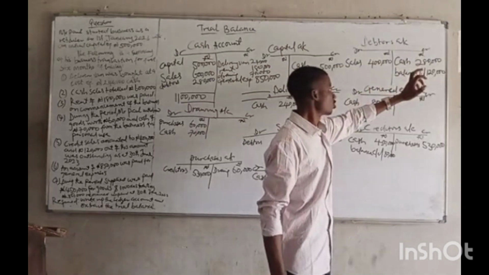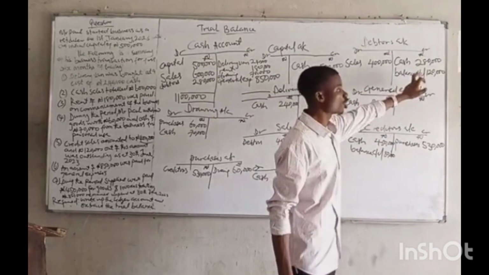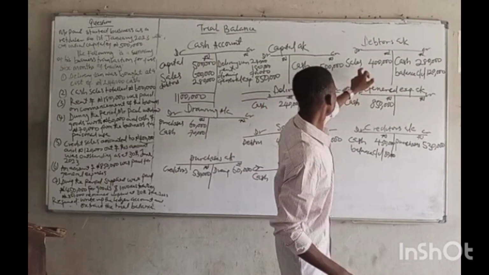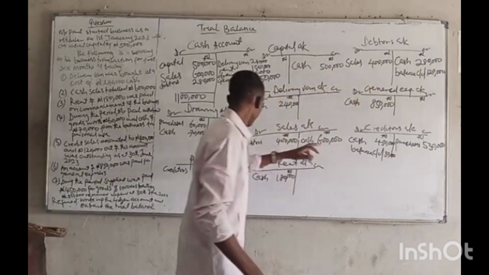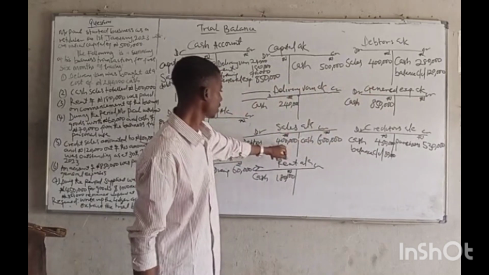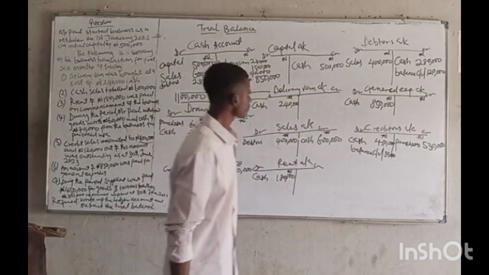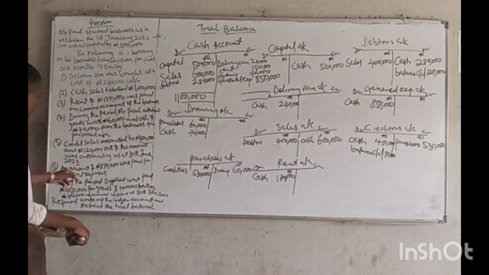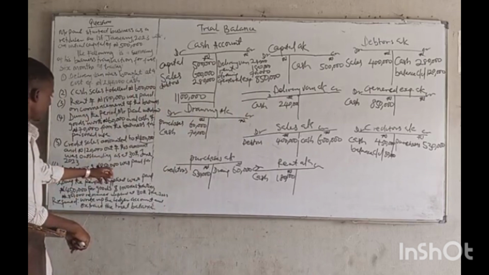So the balance carried is 120,000 naira, which is left outstanding. And then the corresponding entry of this sale will be recorded under the sales account as debtor 400,000 naira, cash.